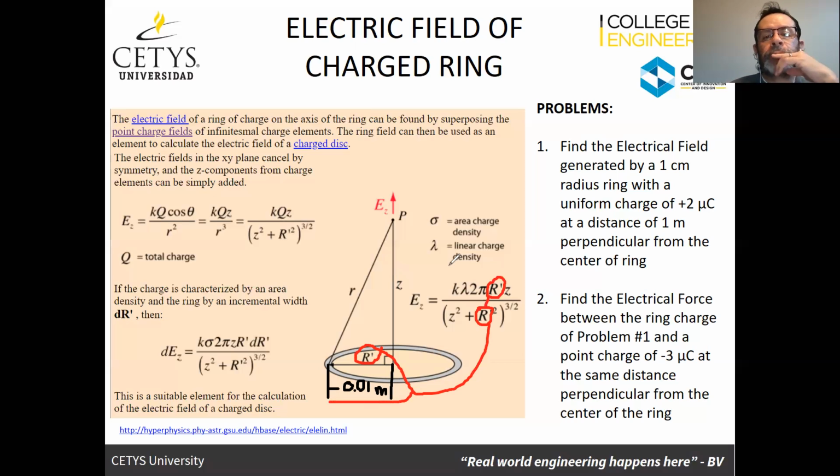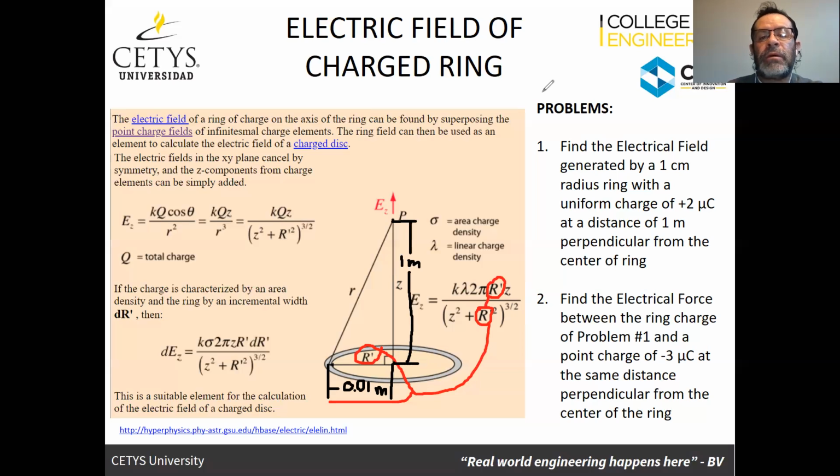Okay. The other information we have is that there is a uniform charge that is located at 1 meter from the center of the ring perpendicular to the ring. So we have a 1 meter distance here, one meter distance from the center.